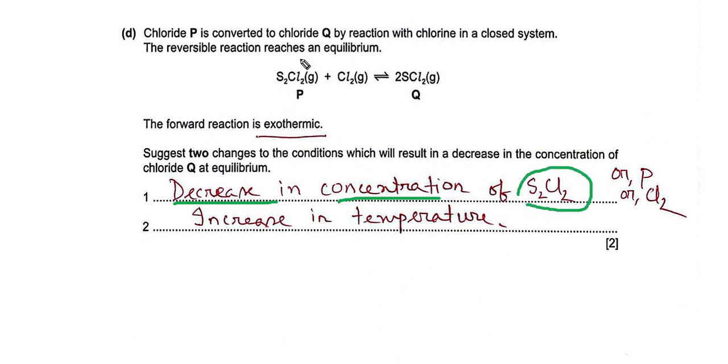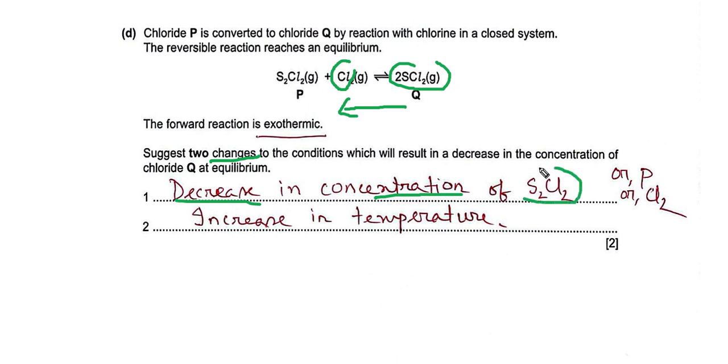If you decrease the concentration of S2Cl2, the position of equilibrium will move from right to left, so Q will decrease. Or you can write decrease the concentration of chlorine. If you decrease the chlorine concentration, equilibrium will move from right to left, so Q will decrease. So change number 1 is decrease in concentration of S2Cl2, or P, or Cl2.